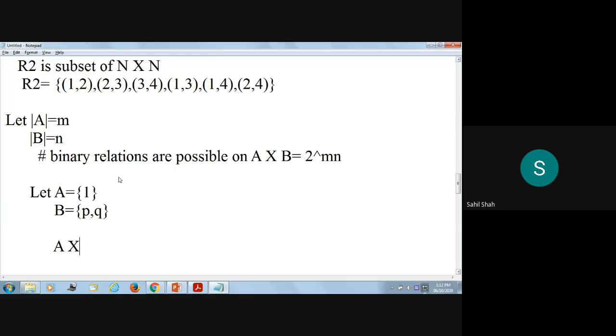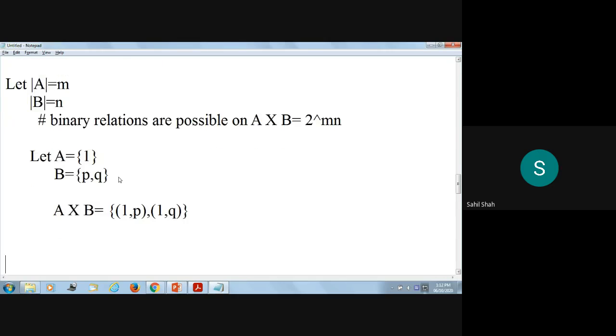So A cross B, how many pairs do I have? First pair is 1 comma P. Second pair is 1 comma Q. These are the pairs present in A cross B. 1, 2, are 2. Okay, perfectly fine.